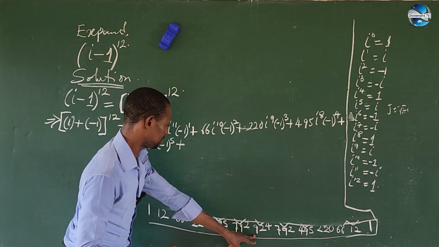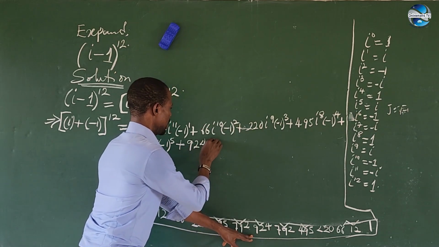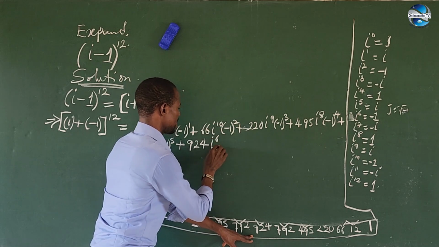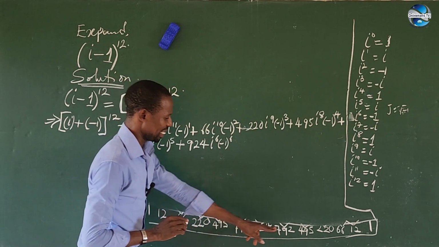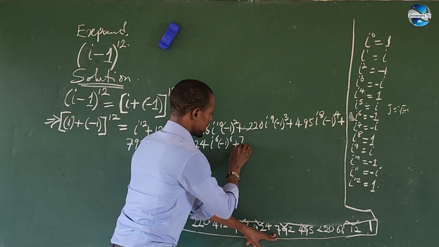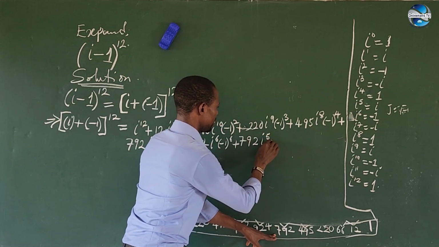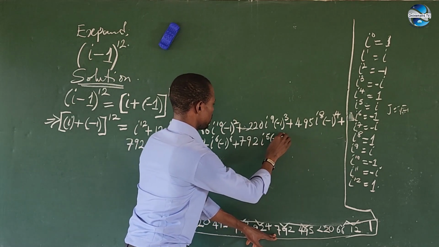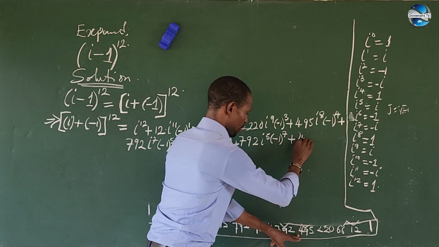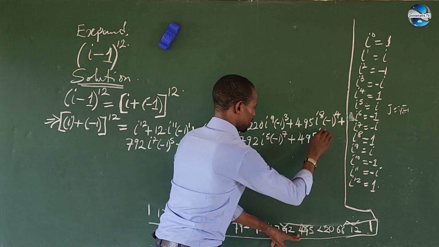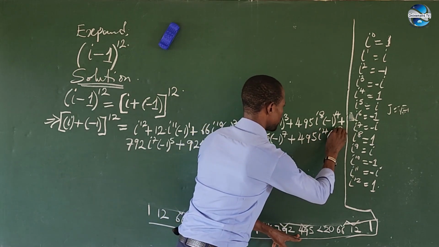Plus, the next term is 924 into our iota to the power of 6, bracket minus 1 to the power of 6. Then the next one is plus 792 iota to the power of 5 into minus 1 to the power of 7, plus the next coefficient, 495 iota to the power of 4, bracket minus 1 to the power of 8.